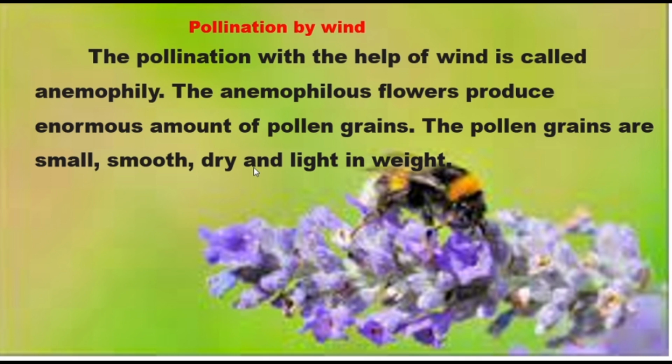So first, anemophily means pollination happening with the help of the wind. The anemophilous flower produces an enormous amount of pollen grains, and the pollen grains are small, smooth, dry and light in weight. So these are the characters of the flower.